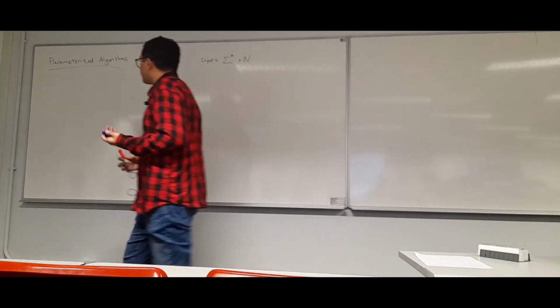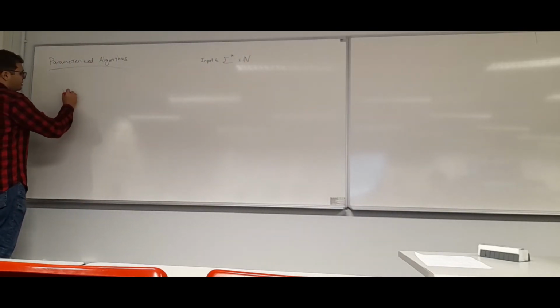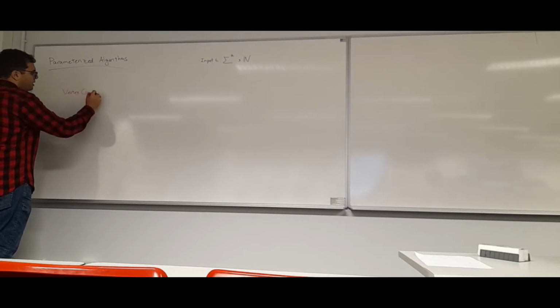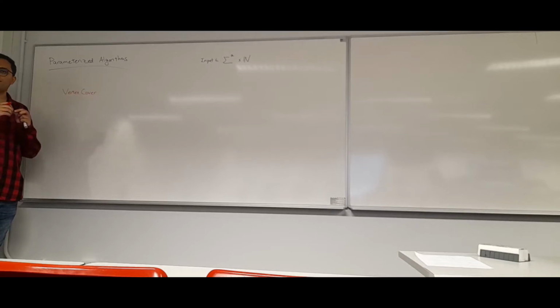So the most classical example here in parameterized algorithms is the problem of vertex cover. So what's vertex cover? If I give you a graph G, a vertex cover of G is a set of vertices such that every edge has one of its endpoints in the set.